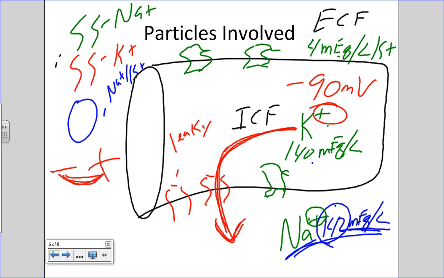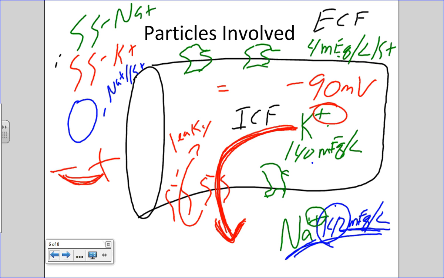So as potassium continues to diffuse out, the pushing force of diffusion will force potassium out, but we will make the cell more negative on the inside. And as a result, as the inside becomes more negative, that will pull potassium back in, due to the differences in charge.